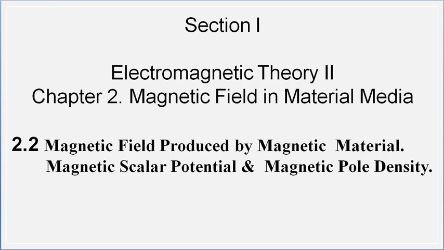Magnetization density and magnetization current are equivalent quantities in the material corresponding to those physical quantities in a current carrying wire. Now we'll use these facts and find the magnetic field produced by the magnetic material.